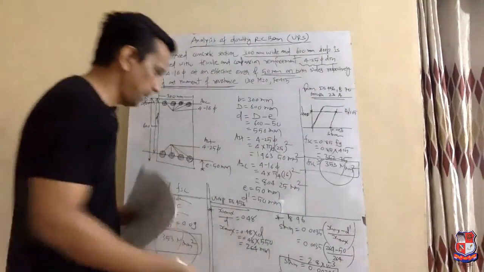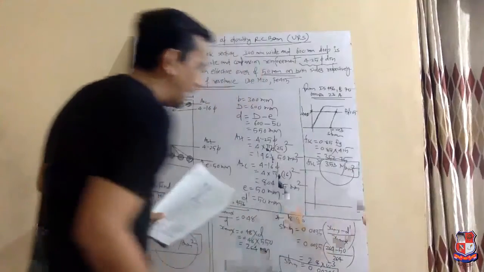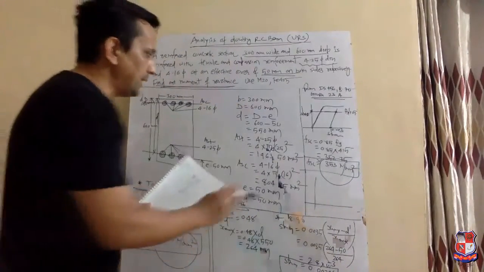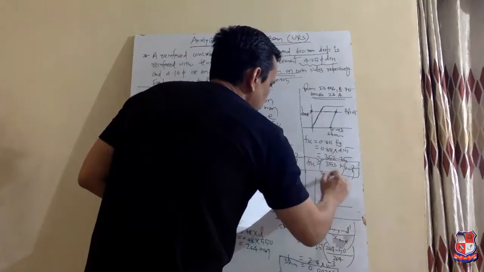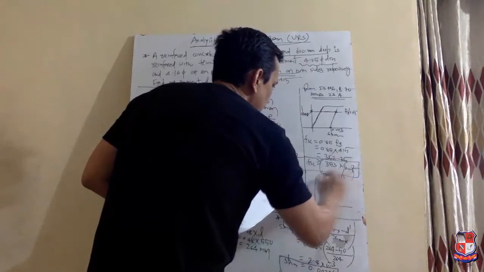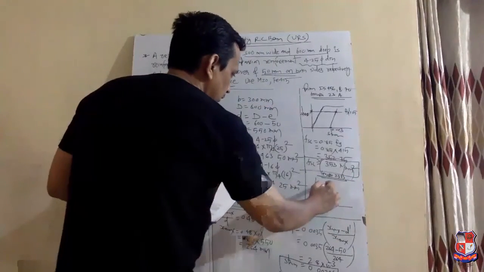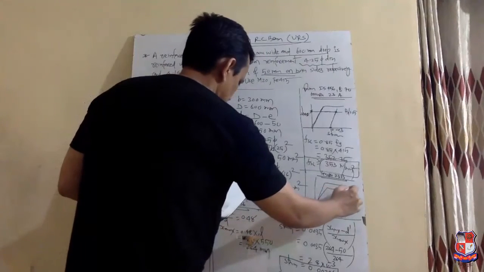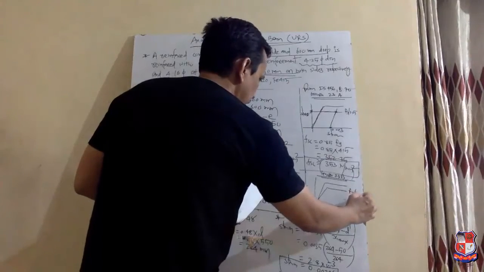Now, in IS 456, page number 70, graph 23b is given like this. This is for Fy upon 1.15.